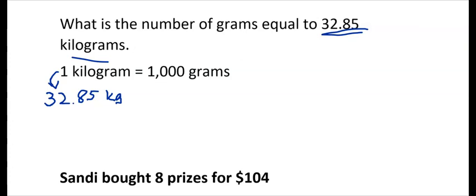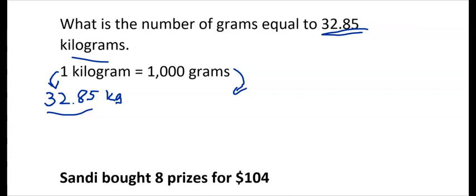Well, 1 times what will give you that? Well, obviously, it's 1 times 32.85. So you have to convert the 1,000 grams the same by multiplying by 32.85. So you have to increase it by the same amount.